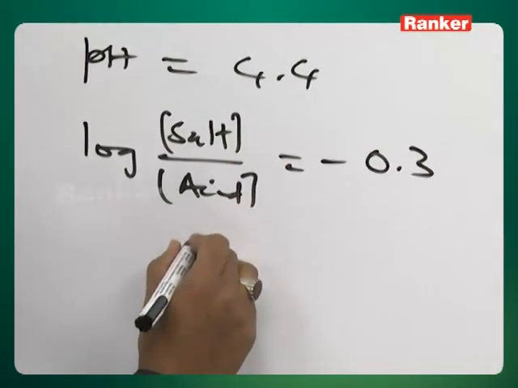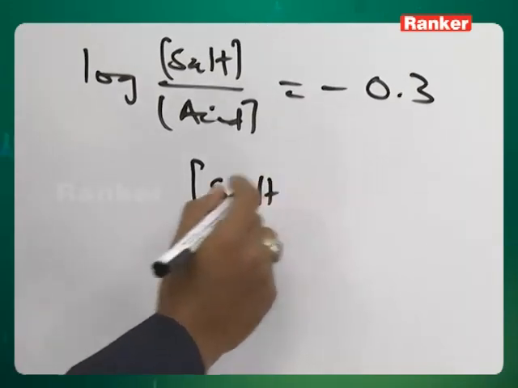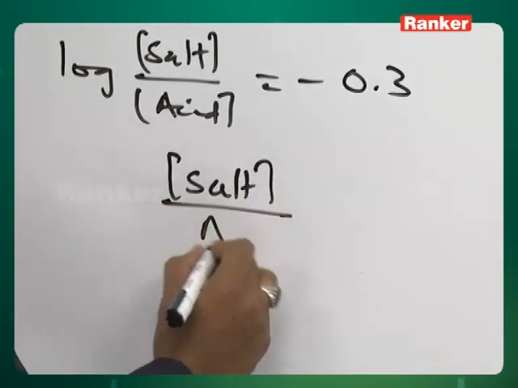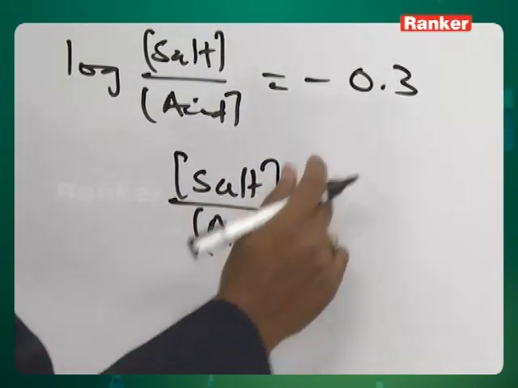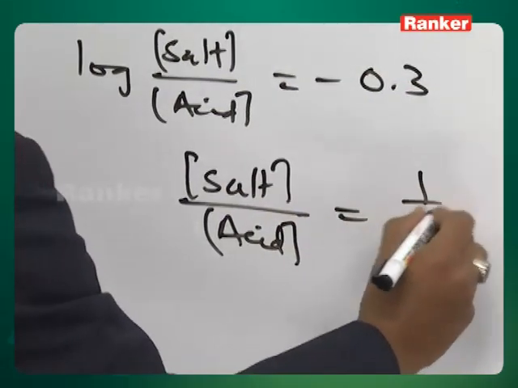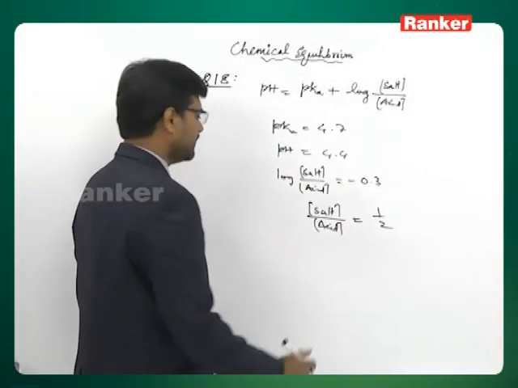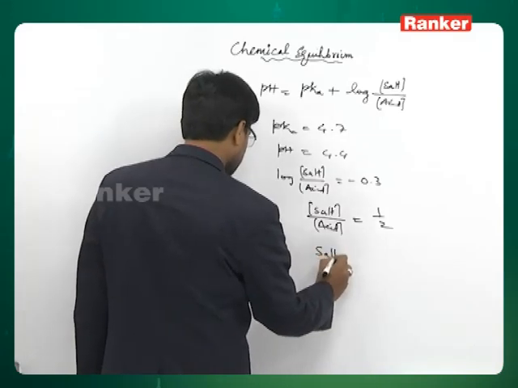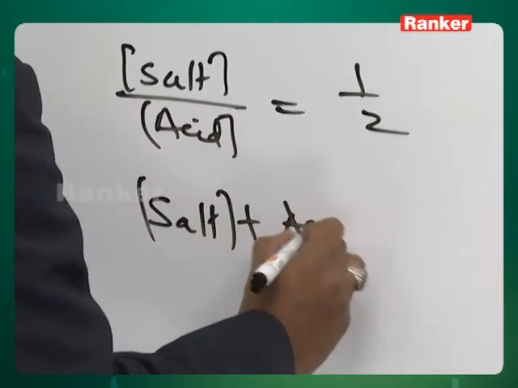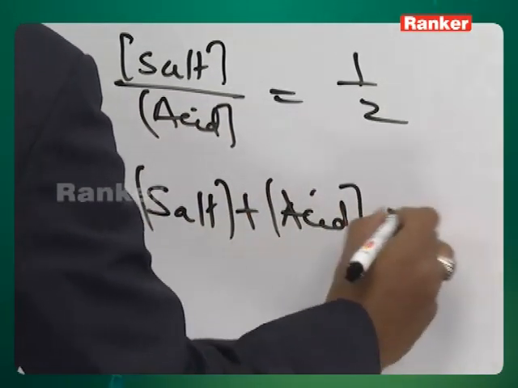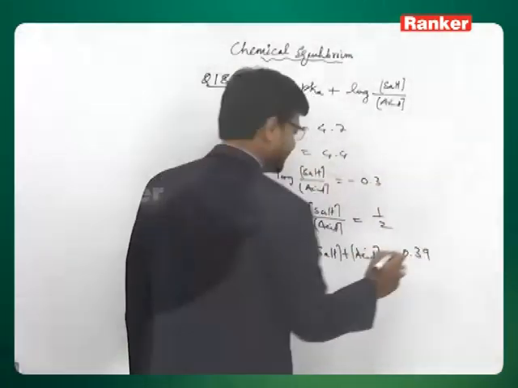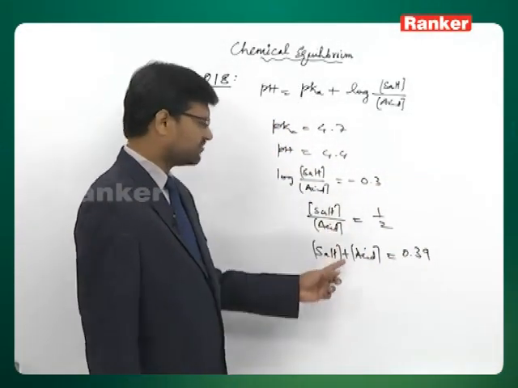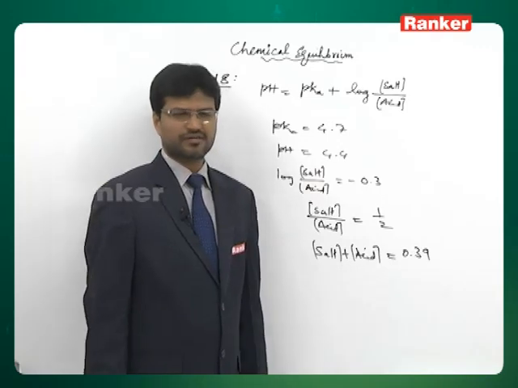So, salt by acid is equal to antilog of minus 0.3, that comes to 1 by 2, and salt plus acid is equal to 0.39 as given in the question. So, solving these two, you get the concentration of acid and concentration of salt.